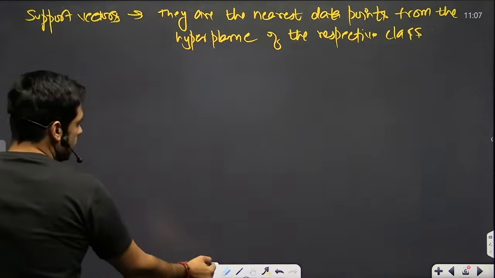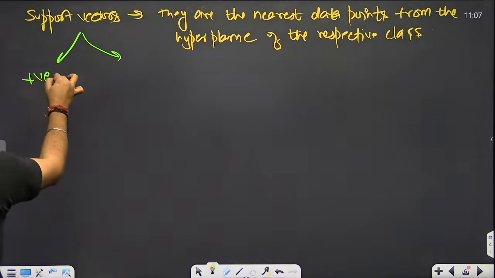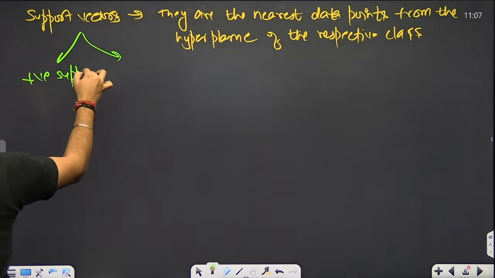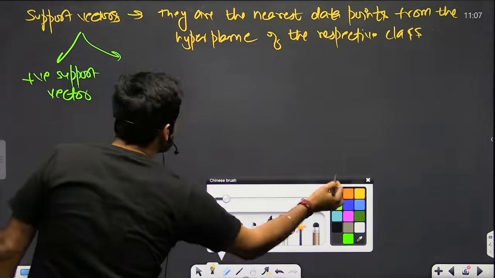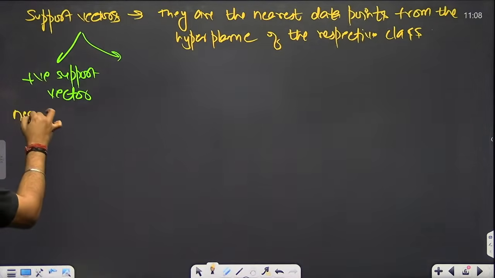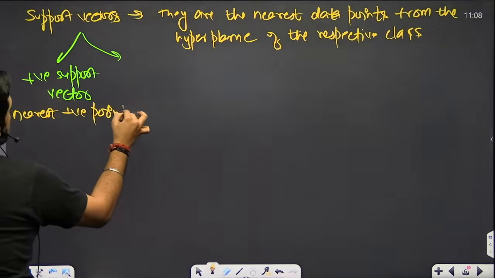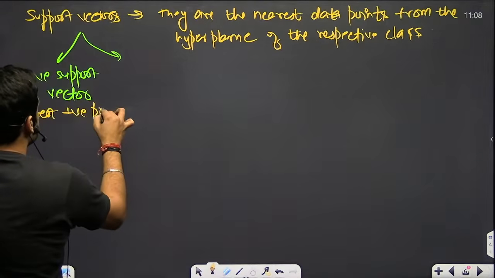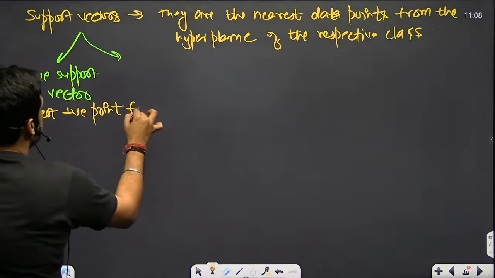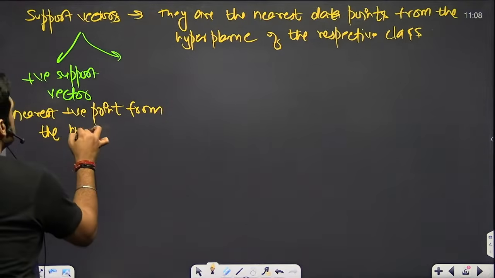Here, if I write positive support vector, what is a positive support vector? Very simple. The nearest positive point from the hyperplane.